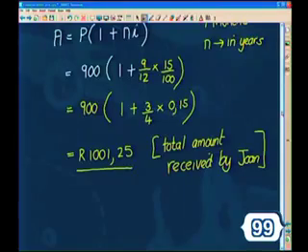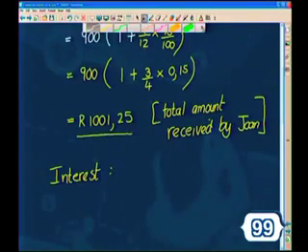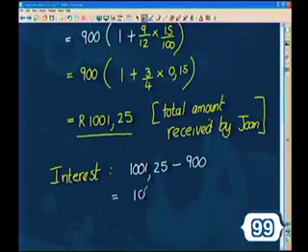So in order to work out how much of it is interest, I know that you can see that what we're going to have to do in this case is take the total amount, which is our 1,001 rand and 25 cents, and remove from it the original loan amount, which is 900 Rand. And you can see that that comes to a total of 101 Rand and 25 cents.